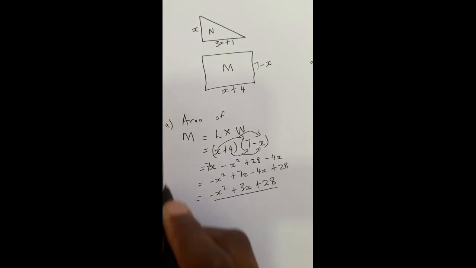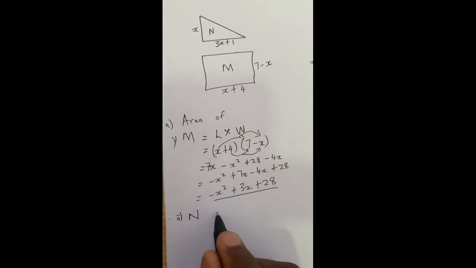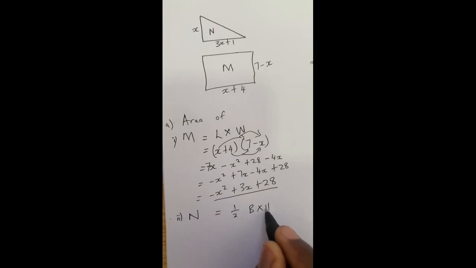For the area of N, it is a triangle. So in order to calculate the area of a triangle N, we say half base multiplied by the height, which is equal to half of 3x plus 1 multiplied by x.